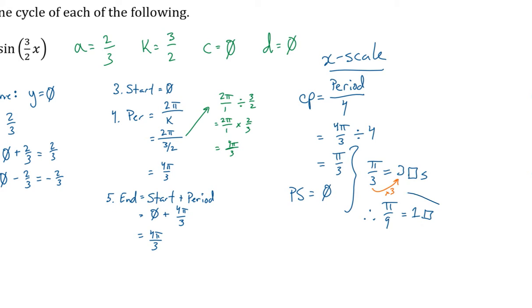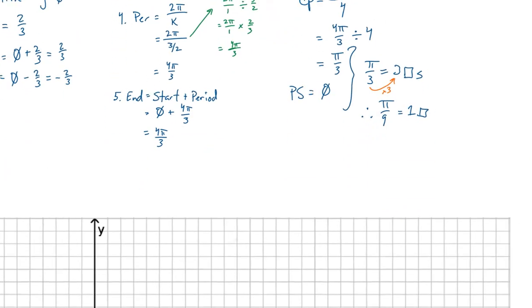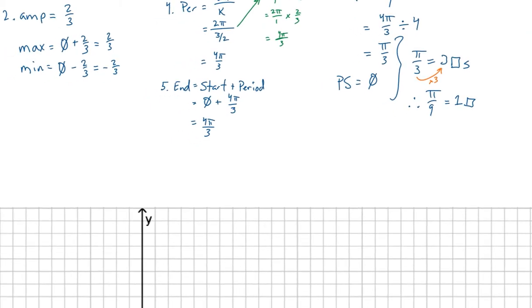I think a lot of people get confused about the relationship between pi by 3 being 3 squares. That tells you the distance of 1 square, but you don't necessarily have to calculate it. You might be able to get away with skipping that step, but I like to think about it. Sometimes I find it helpful.